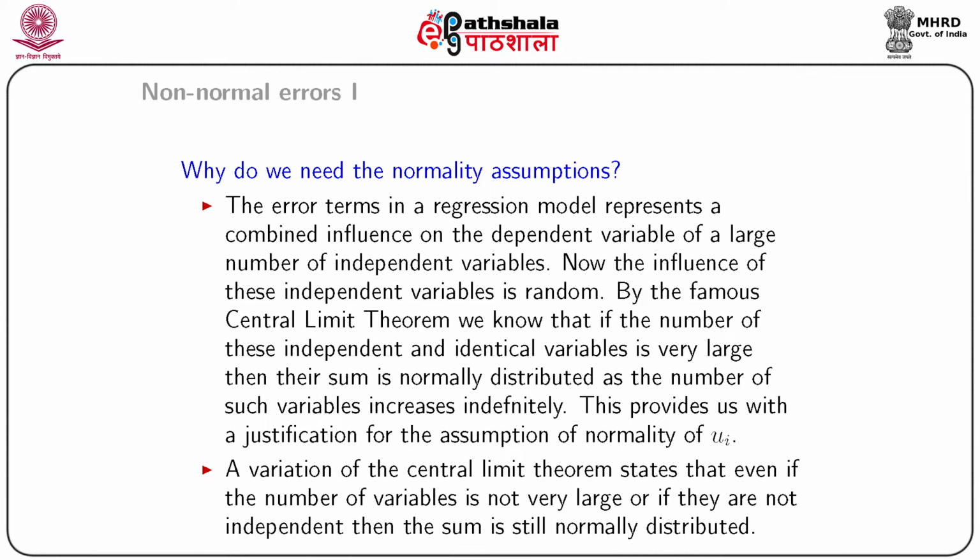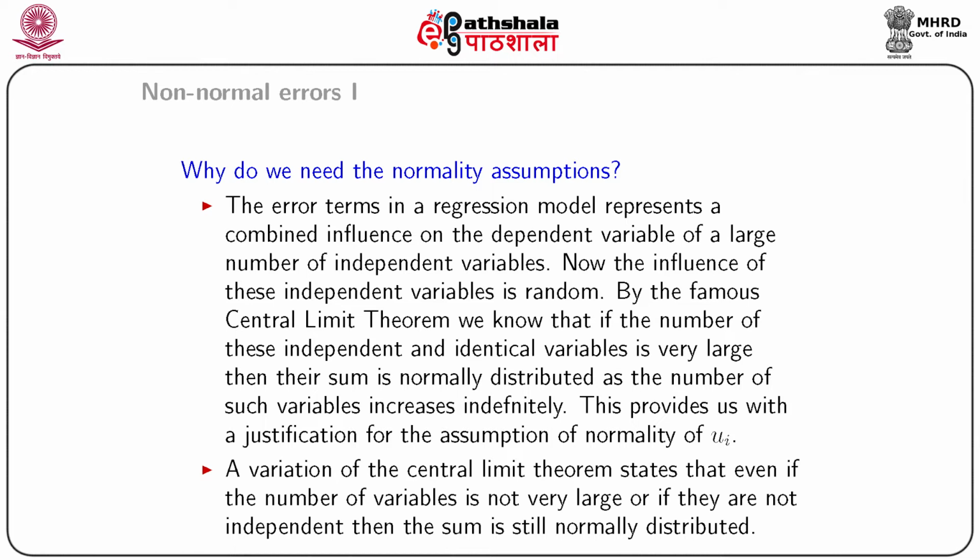We take the difference between yi, which is the observed dependent variable, and from this we subtract the expected value of the dependent variable given the values of the independent variables. This is given by beta naught plus beta 1 x1 plus beta 2 x2 plus beta p xp. And if you look at these terms, ui is nothing but the difference of the observed and the expected value of our dependent variable.